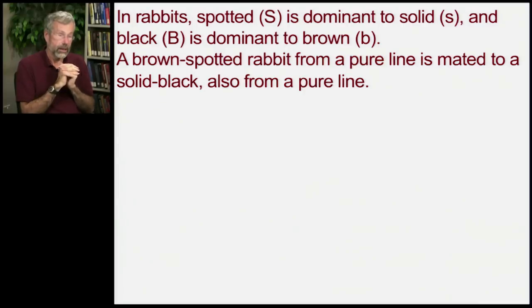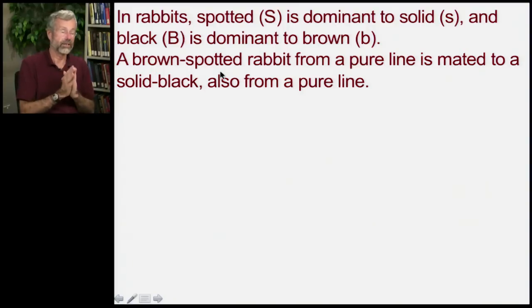And there's a couple of traits that I want you to keep track of here. So we have a spotted rabbit. That means its coat color is spotted, and the spotted trait is dominant to solid, which is little s, and the black coloration is dominant to brown, okay? So capital B is dominant to little b, okay?